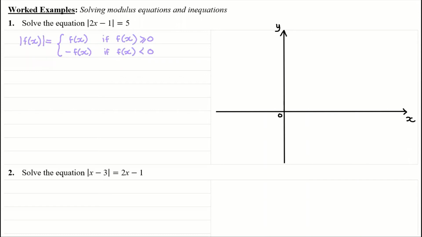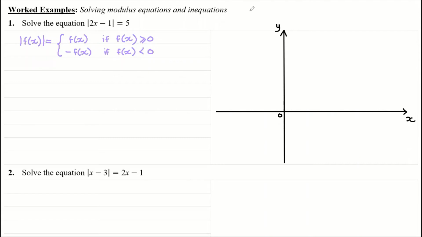So a function that has the modulus applied to it is always positive. Okay, that's the first thing. Okay, if the function is within the modulus itself and there are no other constants added or anything like that outside of the function. So it's just the function with a modulus on the outside.